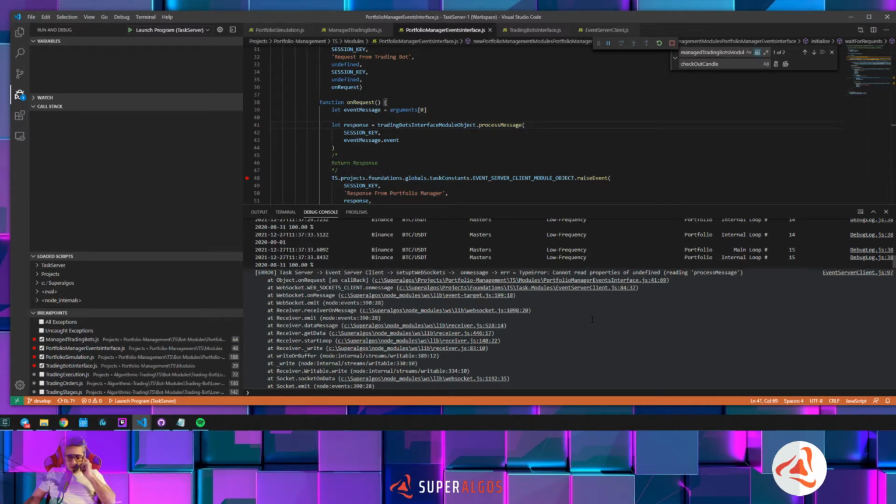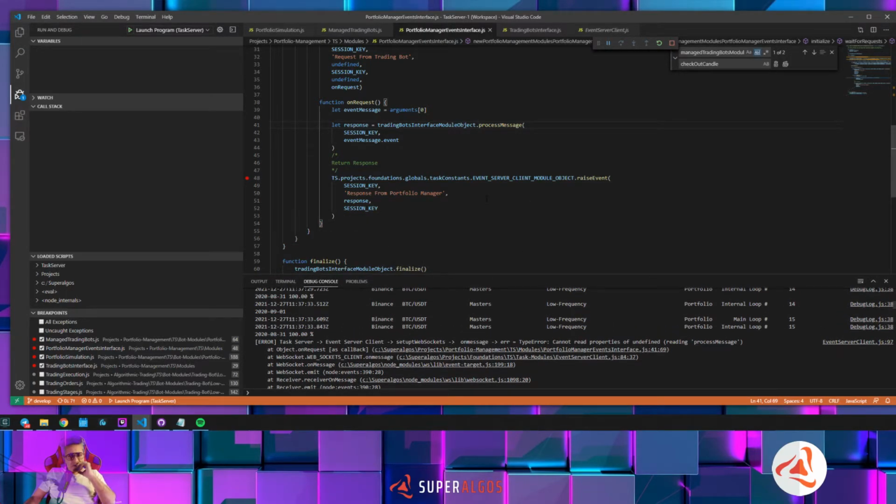Cannot be properly defined. Trading bots interface module.